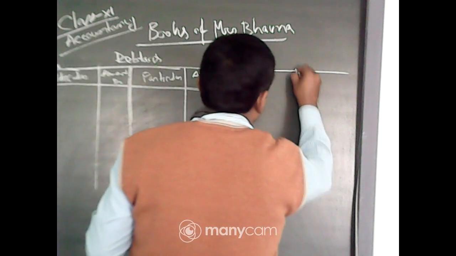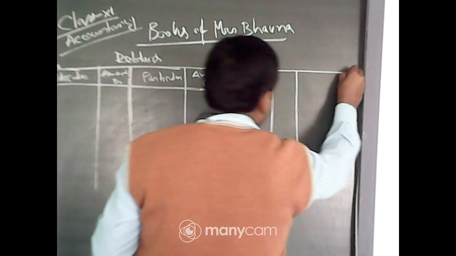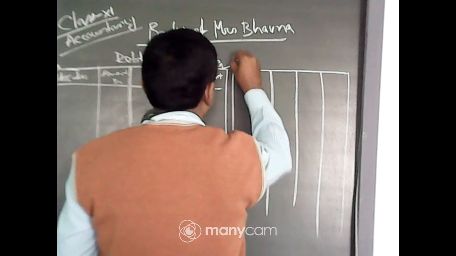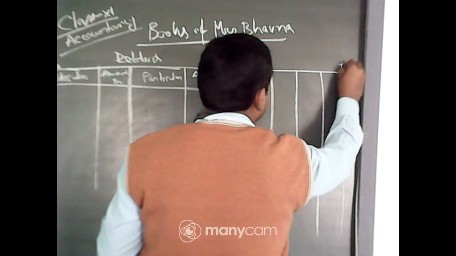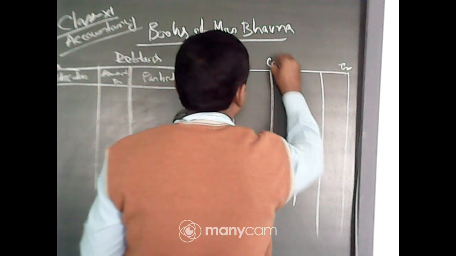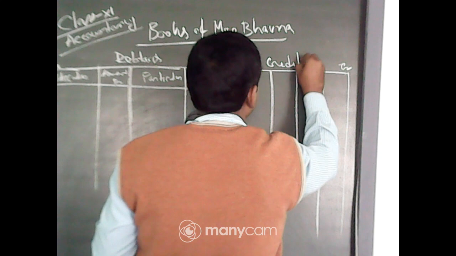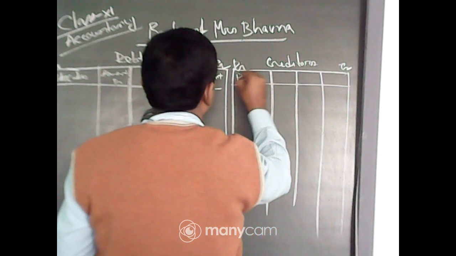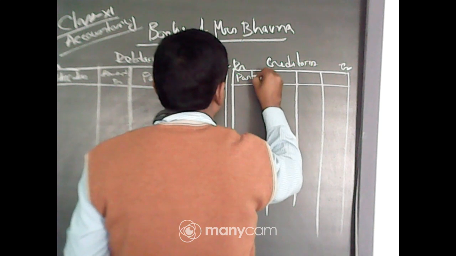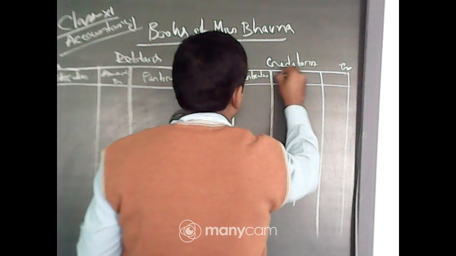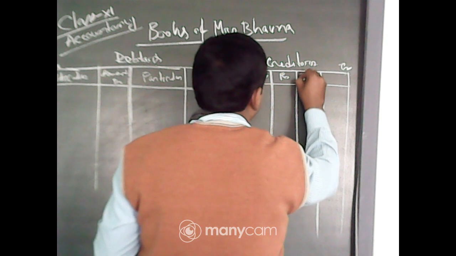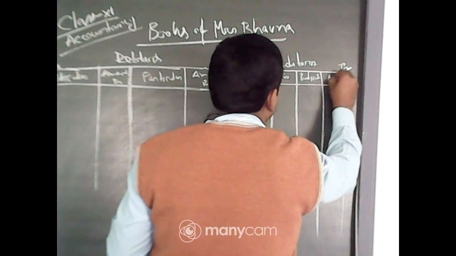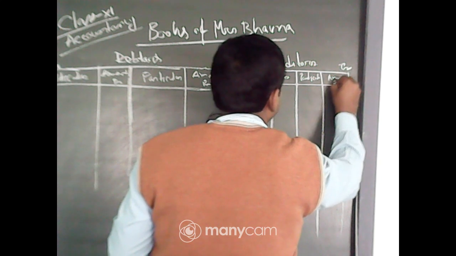Now, here you also have to make the creditors account, that is debit and credit, that is the creditors account, from where we get the credit purchase: particulars, amount rupees, and particulars, amount rupees.